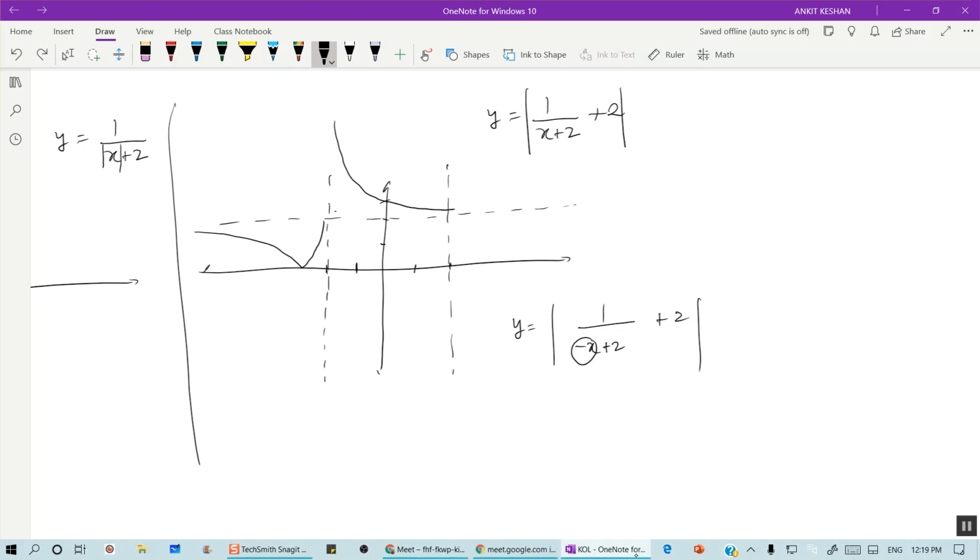It will cross from here. Okay, and this previous one will be wiped off.